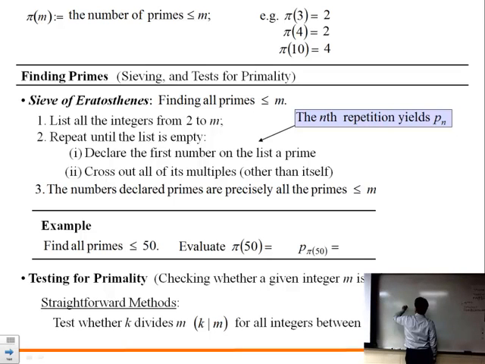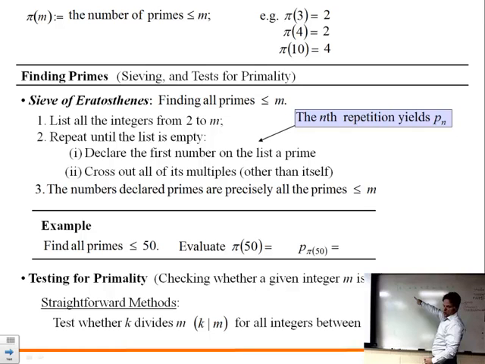So let's do this kind of systematically. I'll do a two-dimensional table.